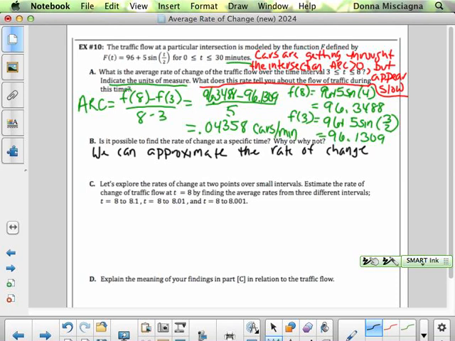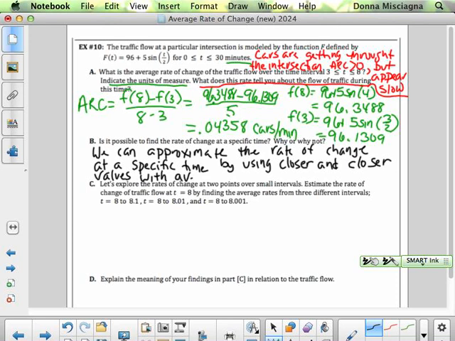We can approximate the rate of change at a specific time by using closer and closer values with average rate of change.